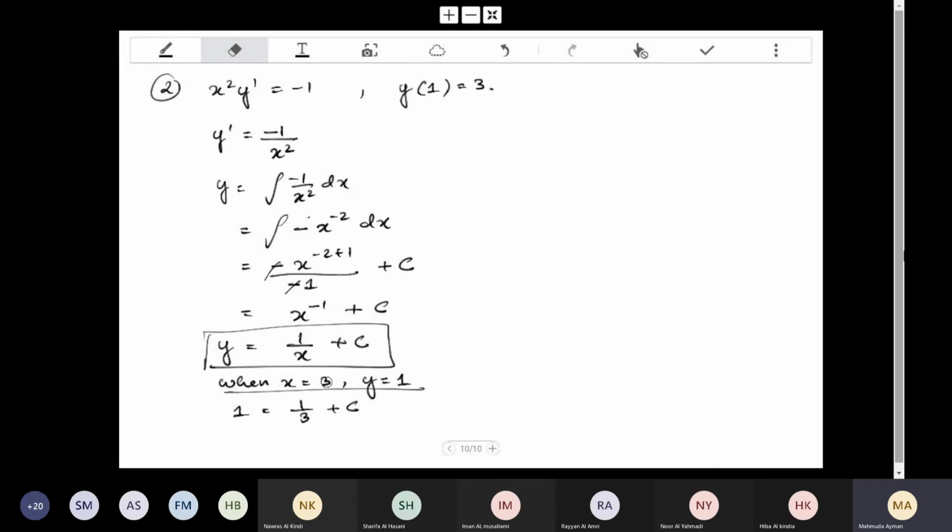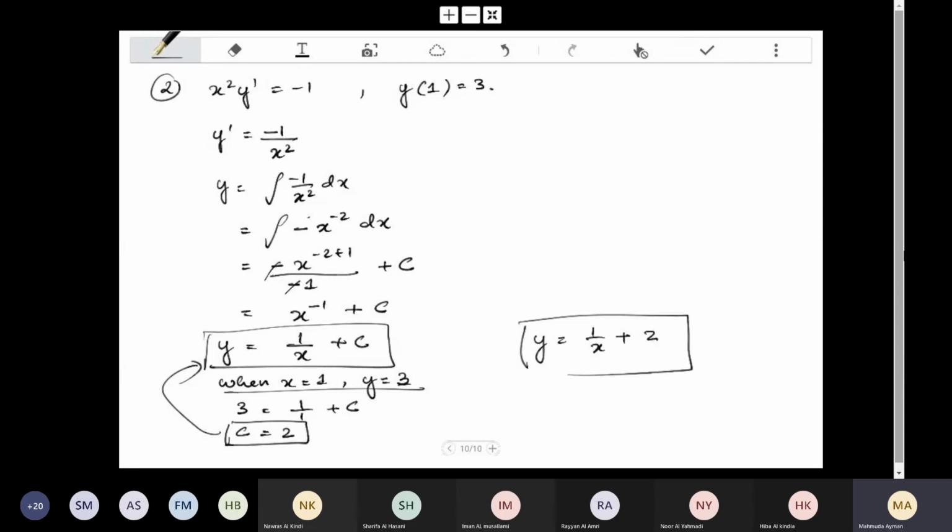So we have x is 1, y is 3. Inserting that into the general solution, 3 equals 1 over 1 plus c, so c is equal to 2. Now substituting the value of the constant c into the general solution gives us the particular solution, which is y equals 1 over x plus 2. So that's our particular solution.